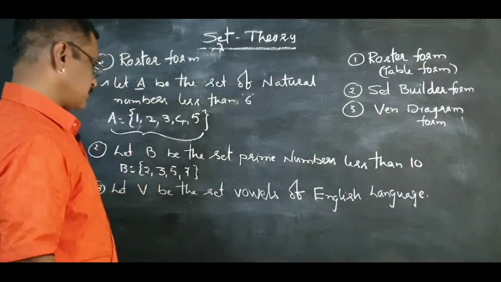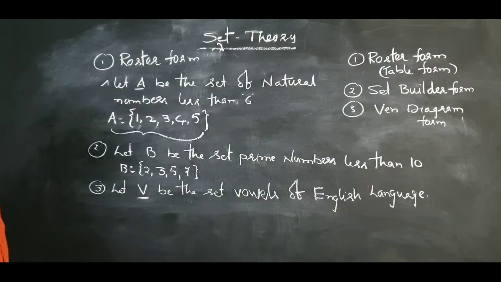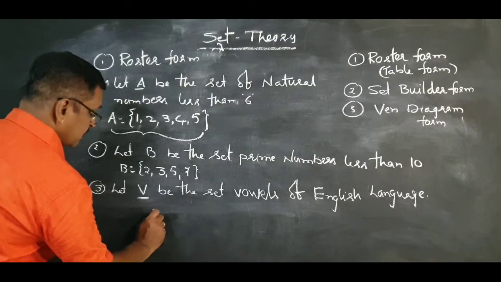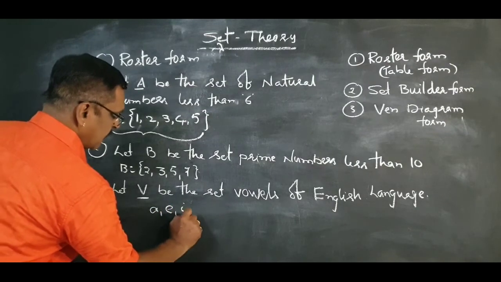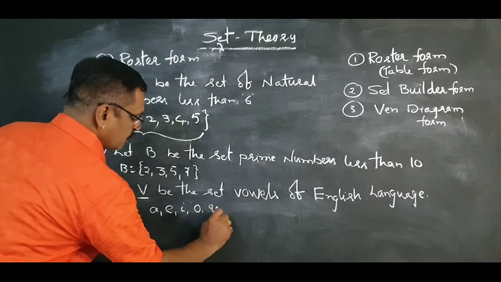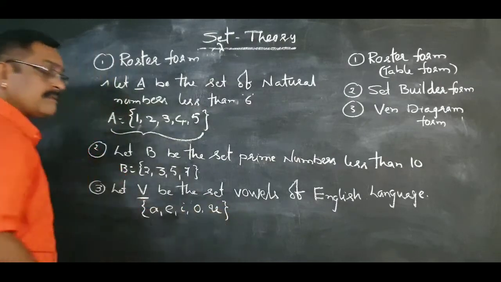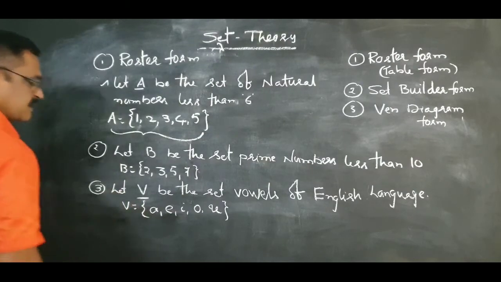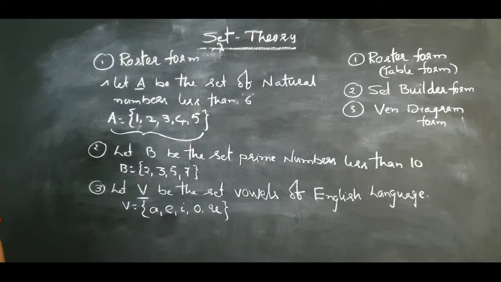Here the name is V, and we know what are the elements of the set. So I am writing directly. The elements are a, e, i, o, u, and we close with curly brackets and we give the name V is equal to. So this is about a roster form.